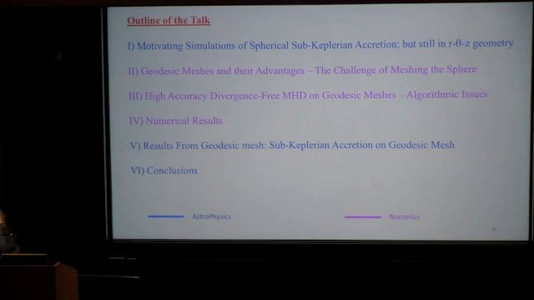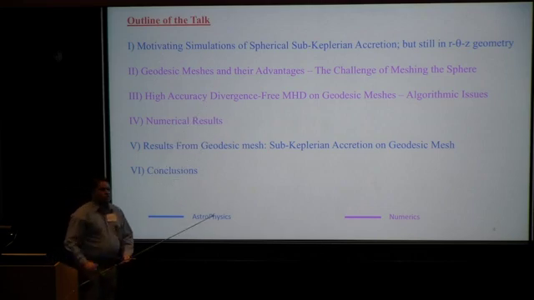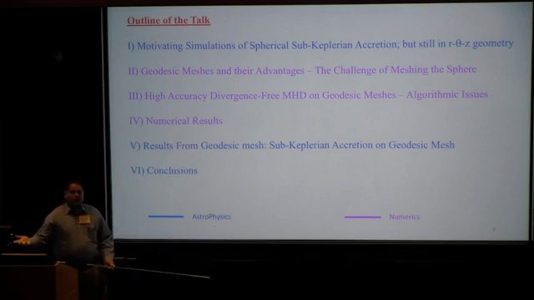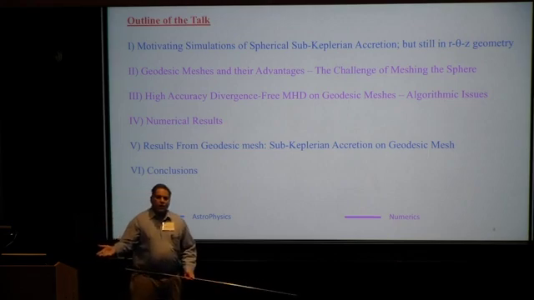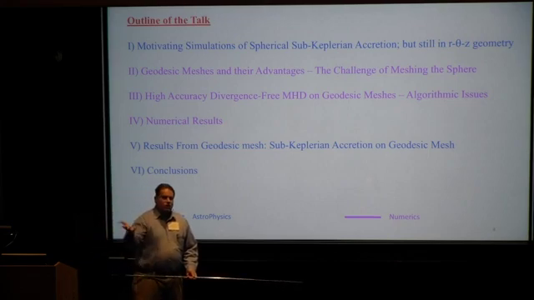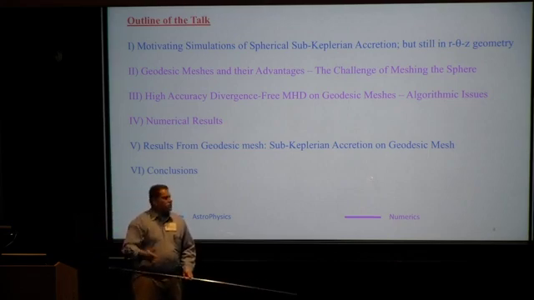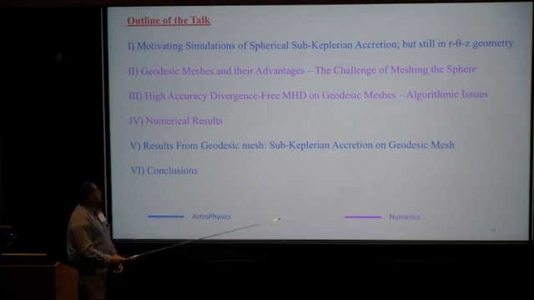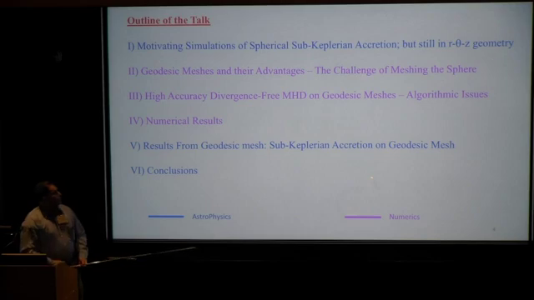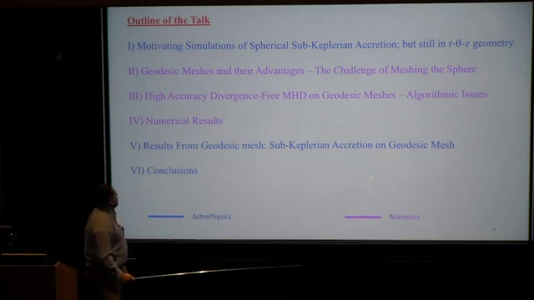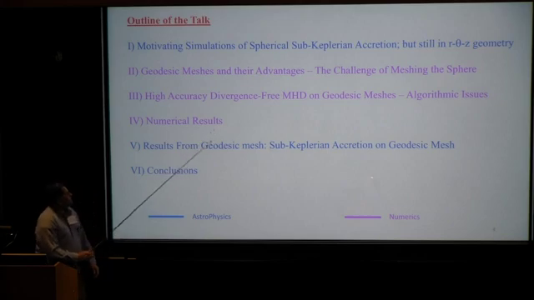Then I'll talk about how we've overcome all the algorithmic issues, so that if a certain algorithm is the best-in-class algorithm for numerical MHD in astrophysics on a structured Cartesian type mesh, I'll show that we replicate all of those traditions within a geodesic mesh, which required several years of thinking and hard work. And then I'll talk about numerical results.